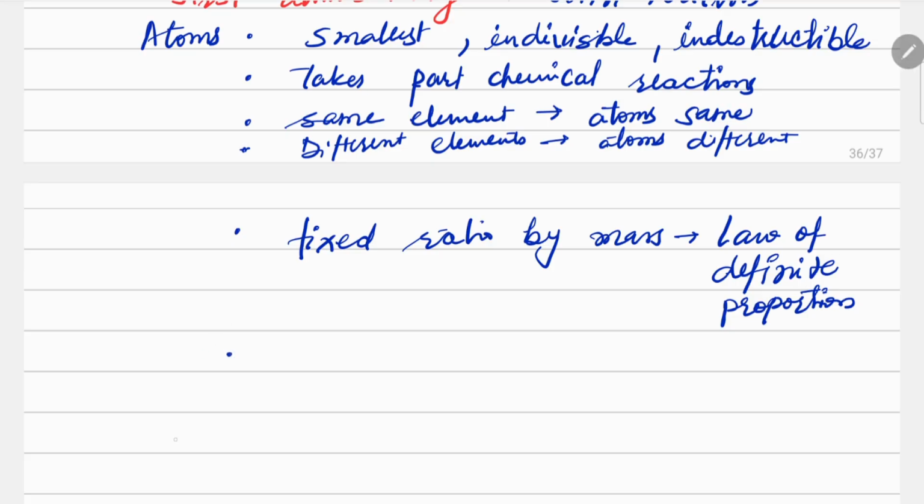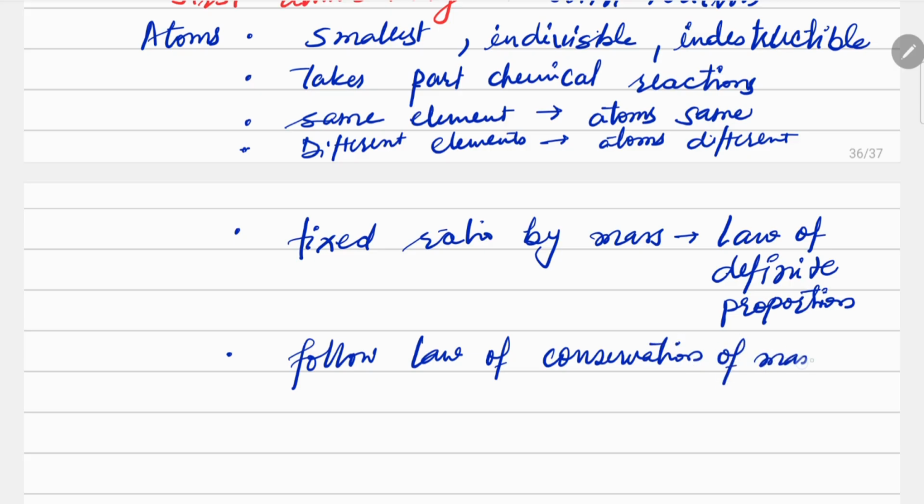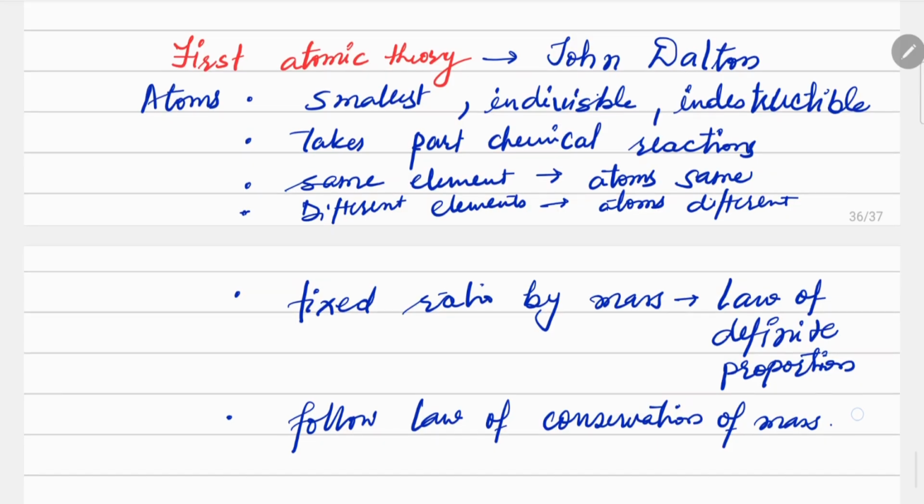These atoms can never be made or destroyed in a chemical reaction, so they follow the law of conservation of mass. These were a few postulates of Dalton's atomic theory.